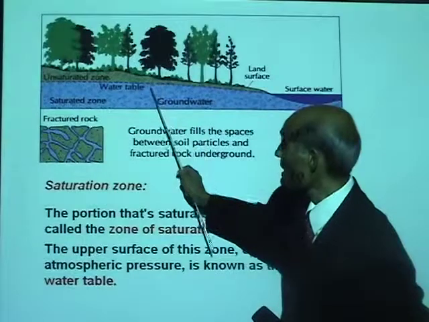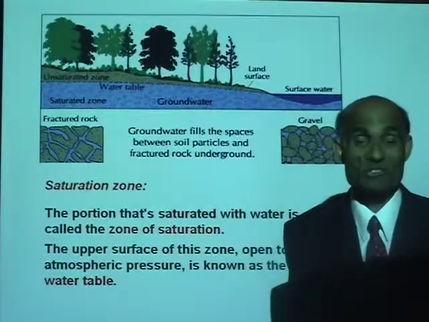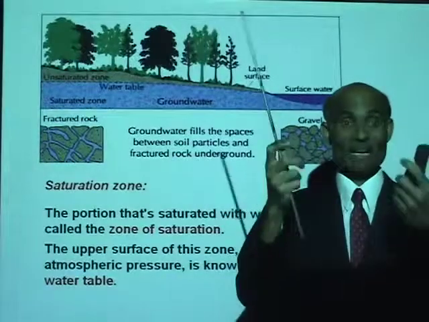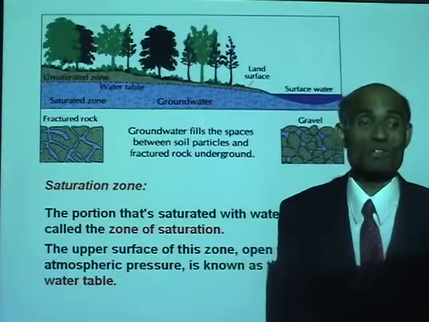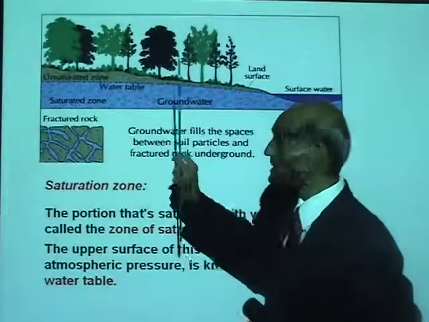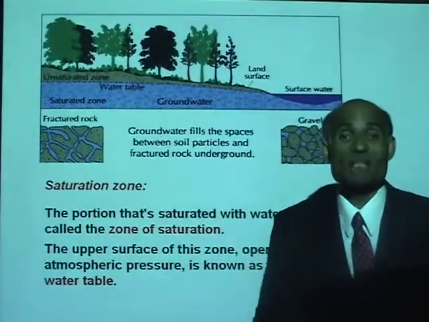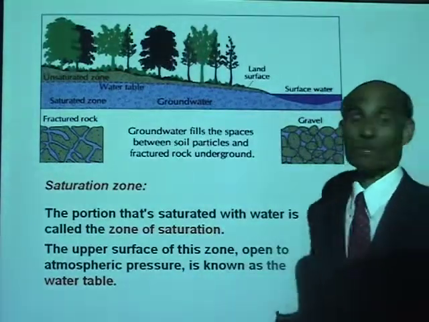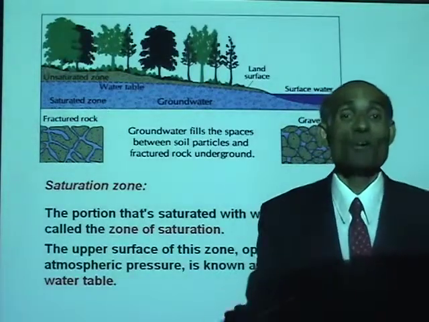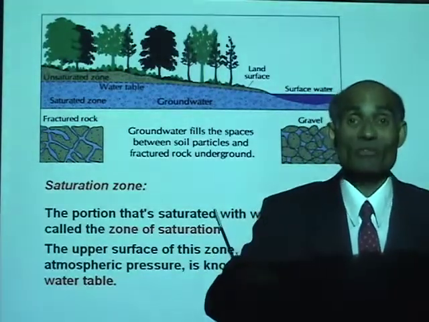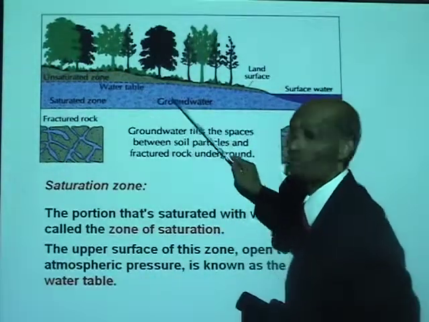If you can break into the water table, you can then go into the saturation zone and take in water. In fact, a lot of our municipal water supply is actually taken from underground by digging wells into it and pumping water. Most of the lawn sprinklers in Florida work on wells that are dug deep until you reach the saturation zone.